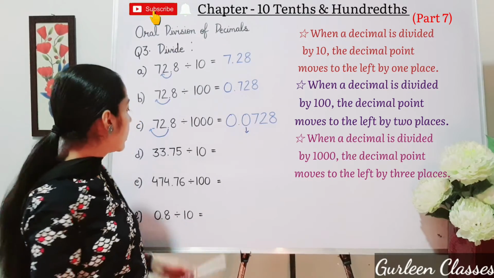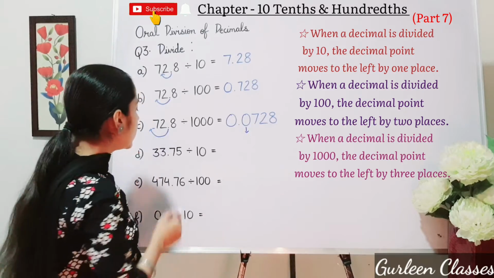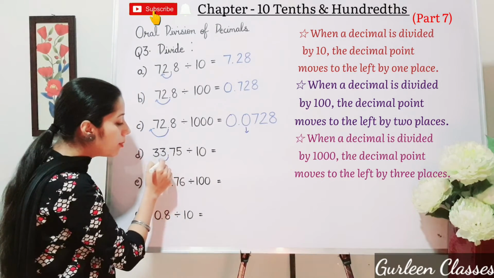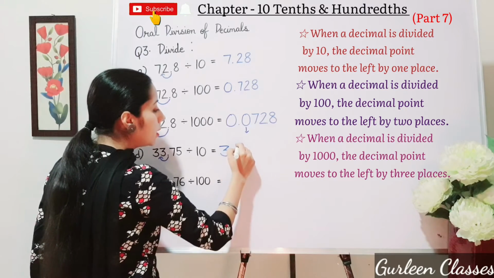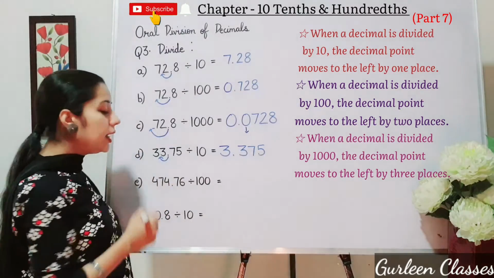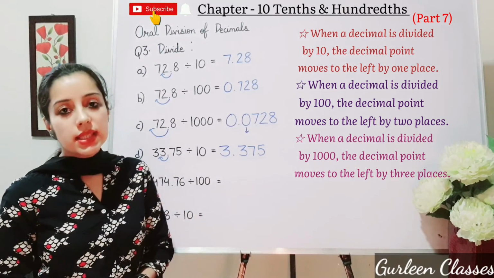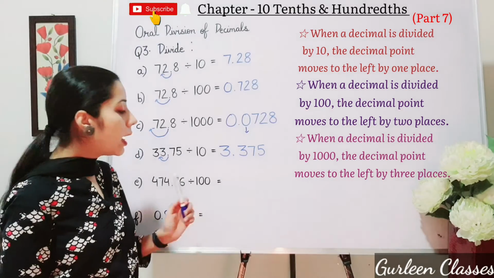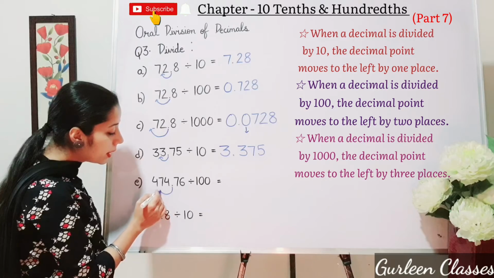Now D bar: 33.75 divided by 10. Here the decimal point will move to the left by 1 place. So it will be 3.375. Now E bar: 474.76 divided by 100. Here the decimal point will move to the left by 2 places.